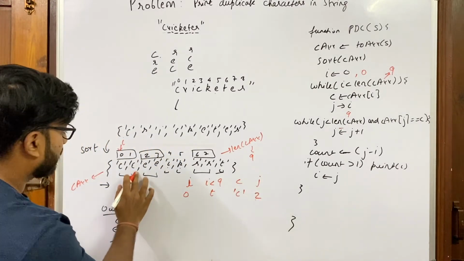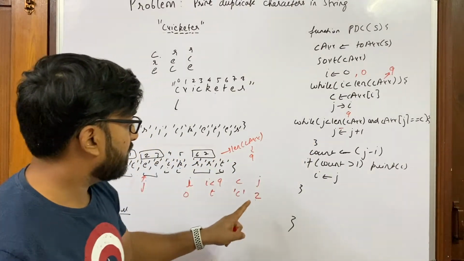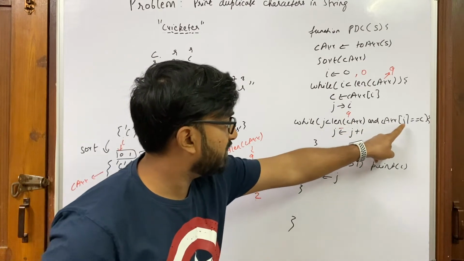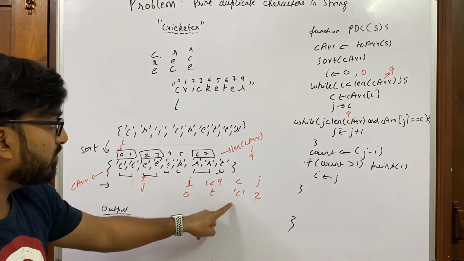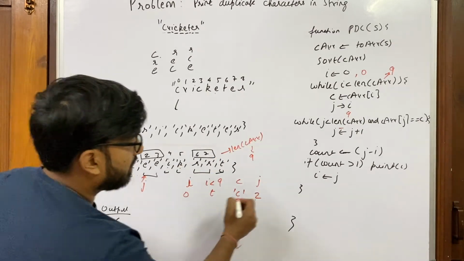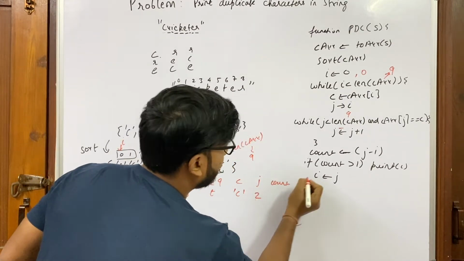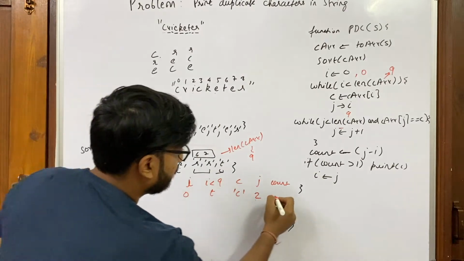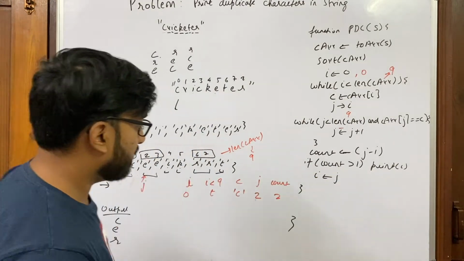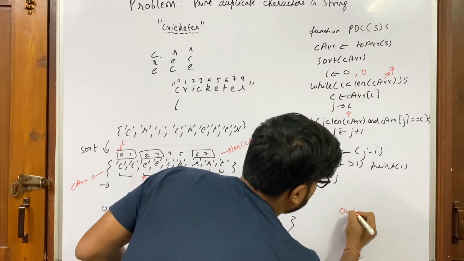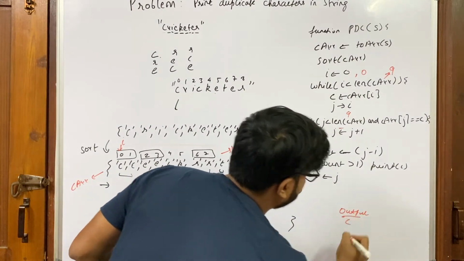J comes here. You check again, 2 is less than 9 true, CARR of J is E, C is not E, false. You come out, you say count is J minus I, 2 minus 0, 2. Count is greater than 1, 2 is greater than 1 is true, you print C. So on your output, your first value is C.